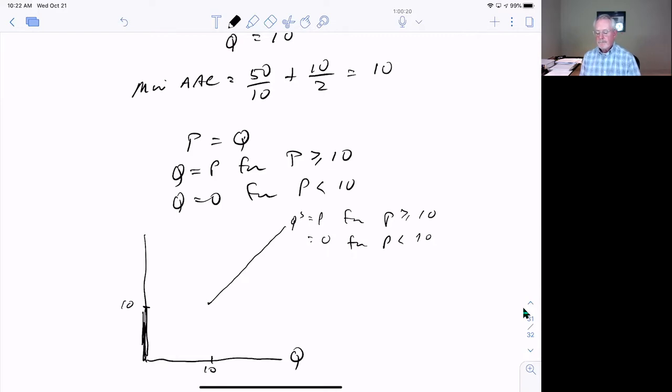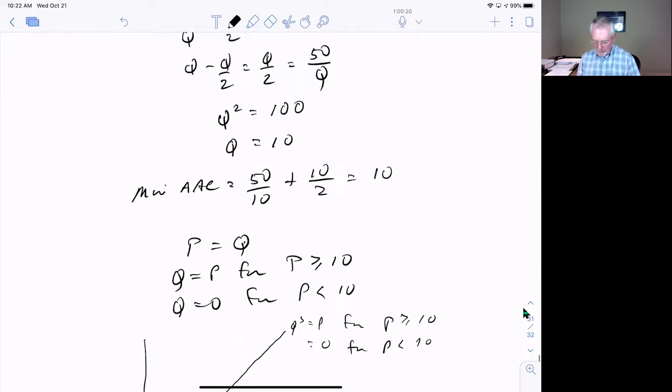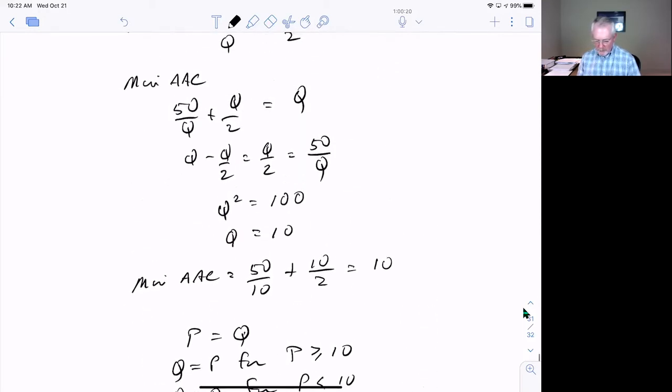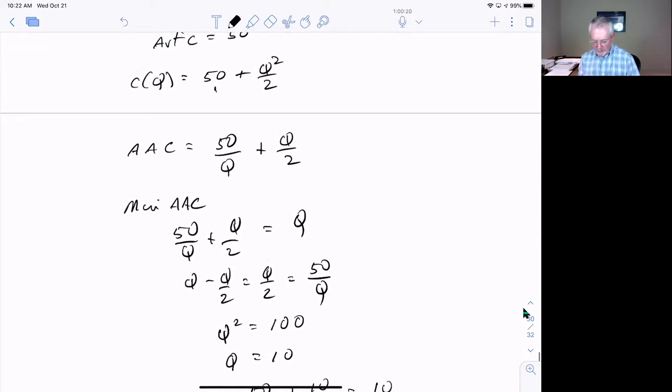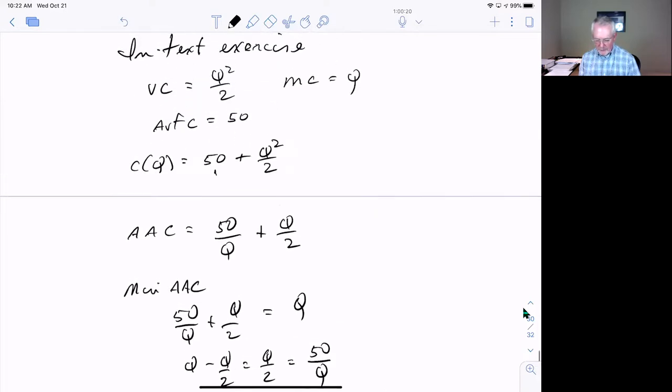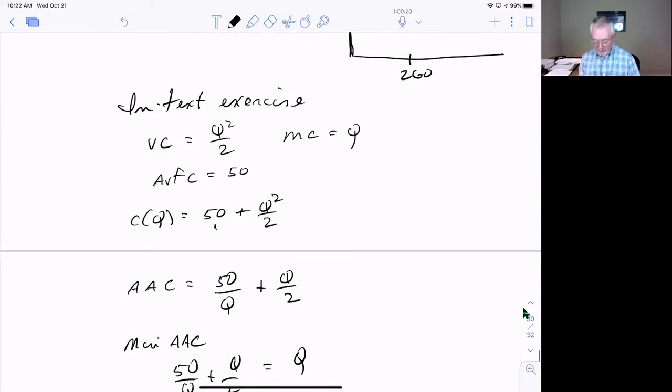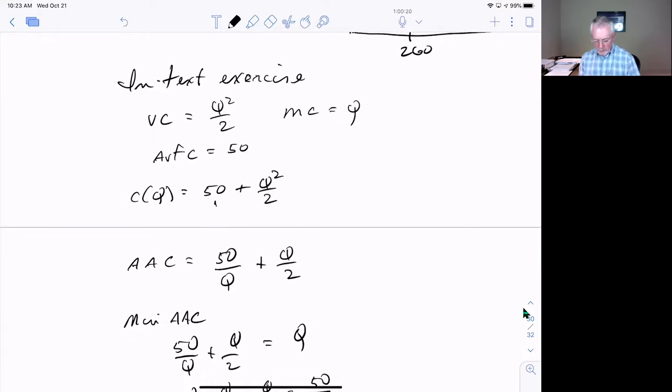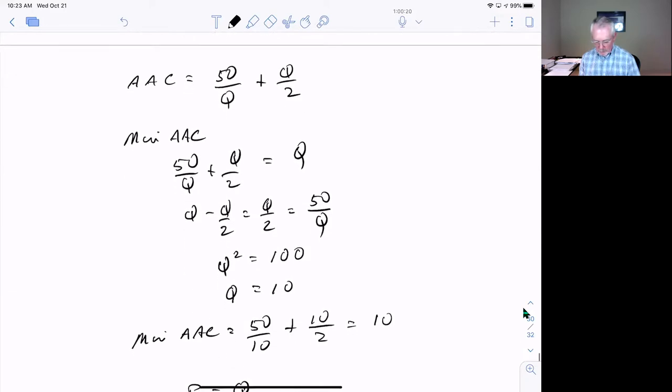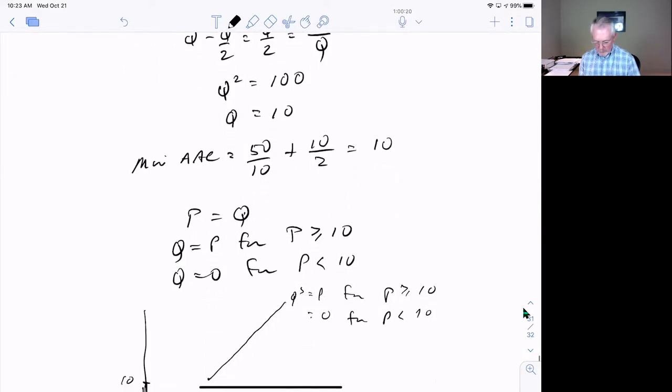All right. Now notice, Dan's selling 10 pizzas at $10 each, then Dan's average avoidable cost is 50 over 10 plus 10 over 2, which is 10. And Dan then covers his avoidable fixed cost with those pizzas there.